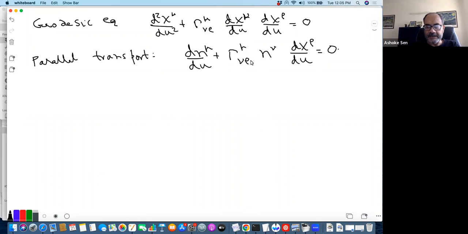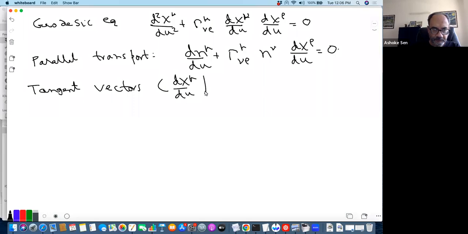And that essentially reflects the fact that along the geodesic, the tangent vector, which in this case is dx^μ/du, is parallel transported along a geodesic.